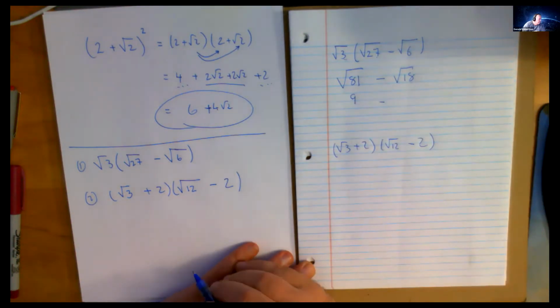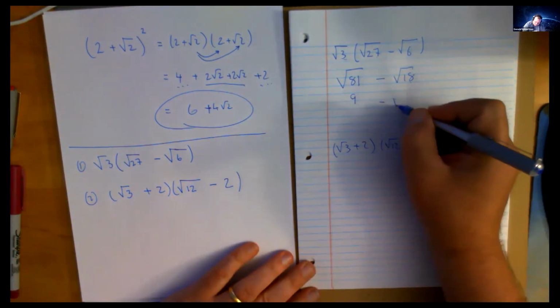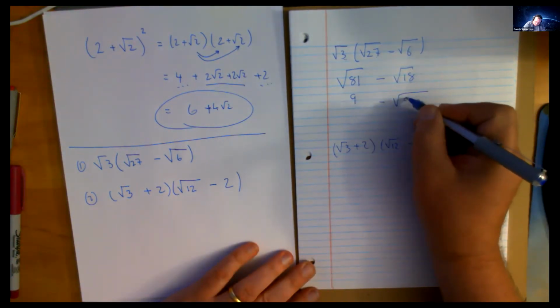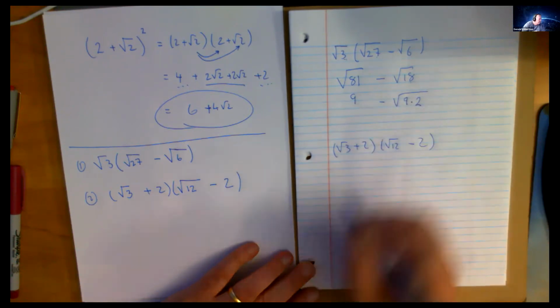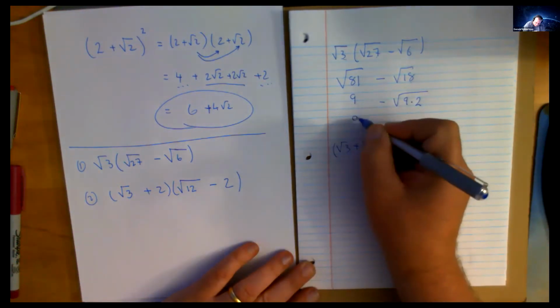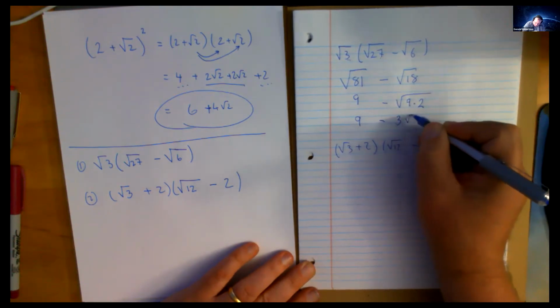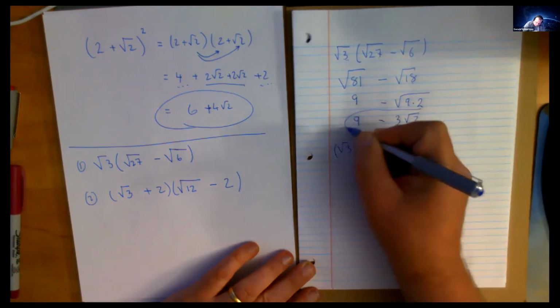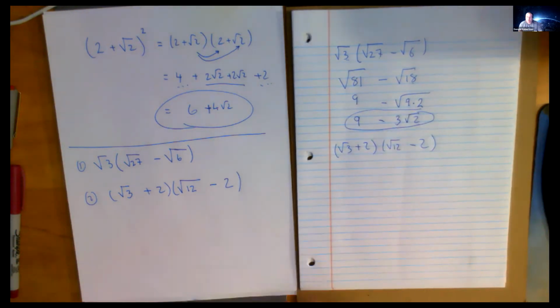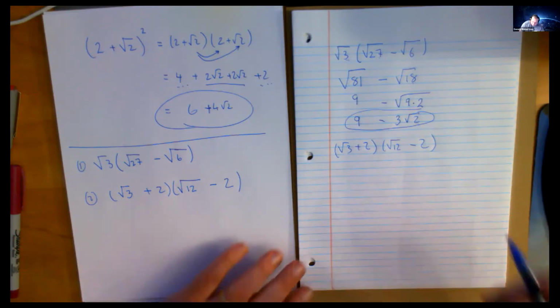This one you can simplify. Would you agree that 18 was 9 times 2? And so you get 9, take away the square root of 9, which is 3 root 2. And that would be your answer. Can't do any more. You get that? Good.